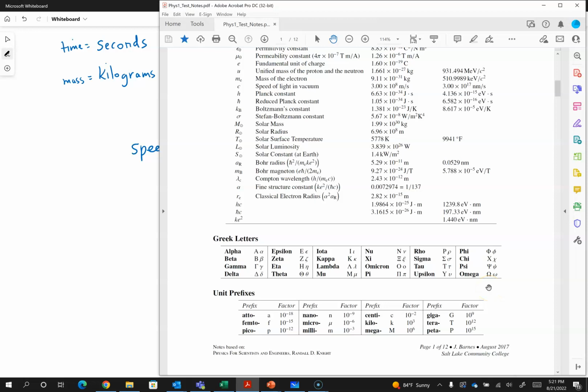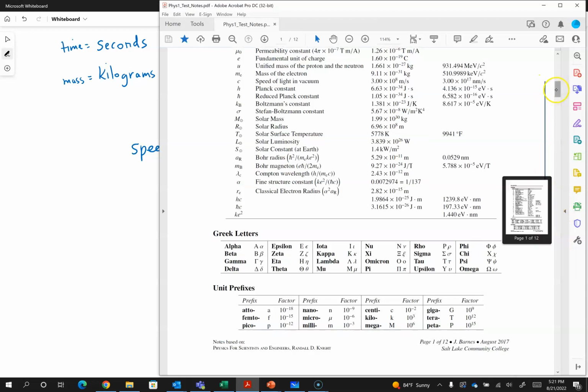So when we say kilograms, for example, the k means kilo, 10 to the third. So as we are writing out our units, we can write in terms of prefixes, or we can get rid of prefixes, which I'll explain more in just a sec.